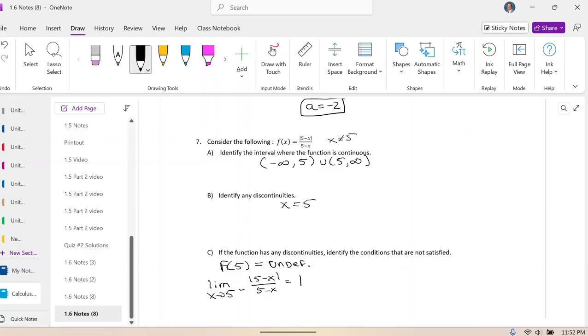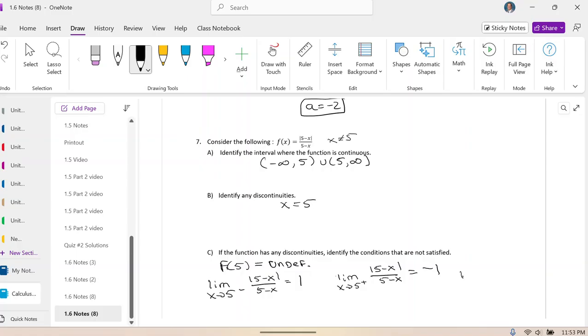Or if you put in the number 3, you get 2 over 2, which is 1. But when you put in numbers to the right that are bigger than 5, notice you get like 5 minus 6, which is negative 1, but the absolute value of negative 1 is 1 over negative 1, so you get negative 1.